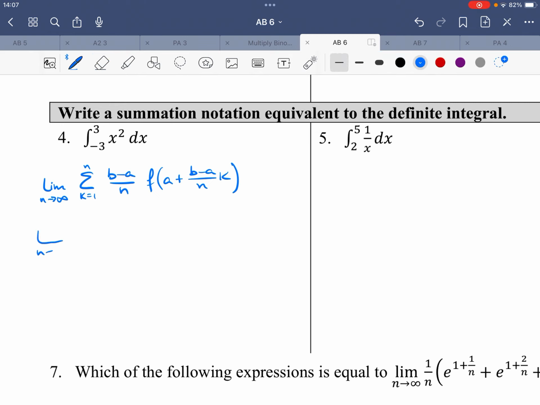So with that there, I can rewrite this and say that b minus a, we said it was 6. And then the function is something squared. That's what this says. And then what I have to square is a, so a is -3, plus b minus a, so this thing appears again, so it's going to be that times k. And that's it.